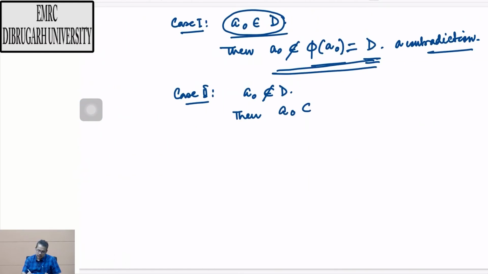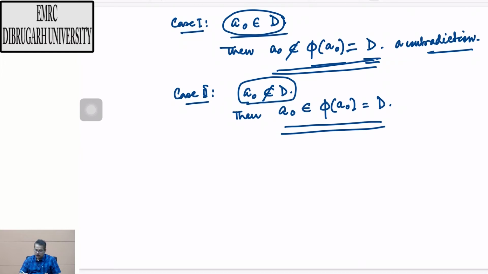But again this is D, and you have assumed that A naught does not belong to D, and finally you have obtained that A naught belongs to D, which is again a contradiction.